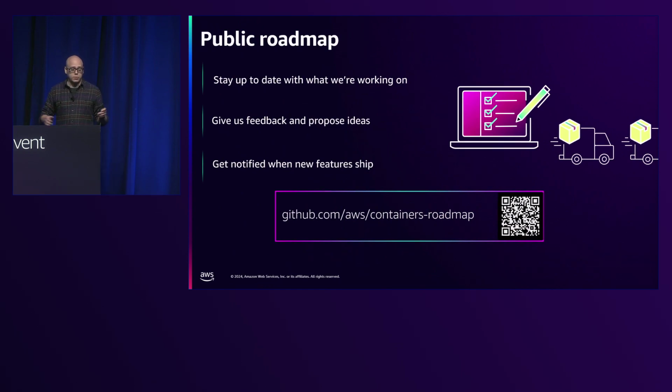Finally, we also have a public roadmap. So if you go to GitHub on the AWS organization, the containers roadmap, there's a link here. You can see a list of feature requests by users or issues that we've opened to say, hey, this is something we're thinking about, we want user feedback on. You can upvote features that you want in EKS there. Or tell us about your use case. We want to hear about that.